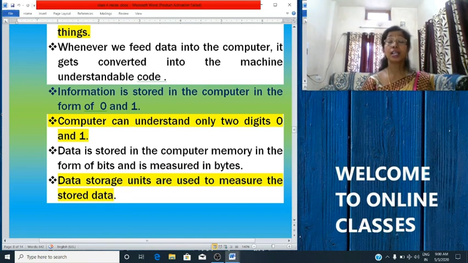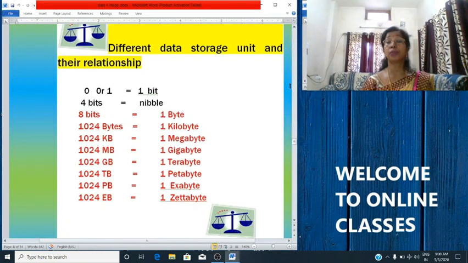Now we will see the larger units of memory. These are the different data storage units and the relationship. 0 or 1 is equal to 1 bit.